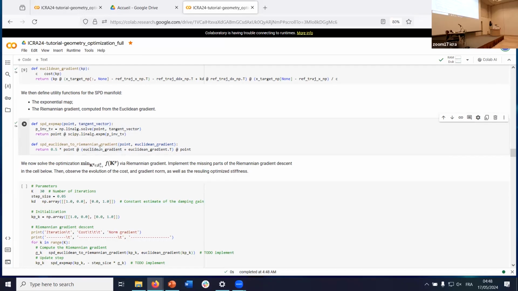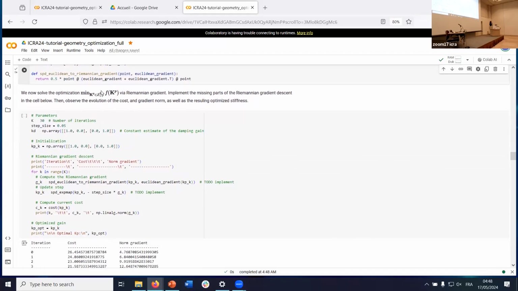So this is basically where we are computing the Riemannian gradient based on the Euclidean gradient. In the case of the SPD manifold, what we first do is that we symmetrize the Euclidean gradient, and then we have the multiplication on the right and on the left by the point, the base of the tangent space in which we are. And the resulting point is basically a tangent vector on the tangent space at the point here called point, literally.